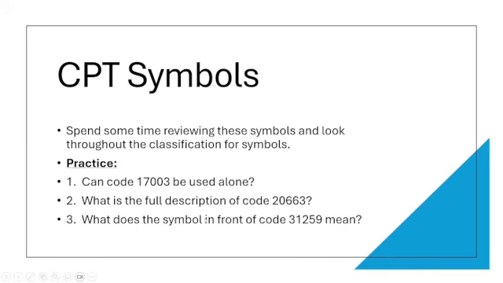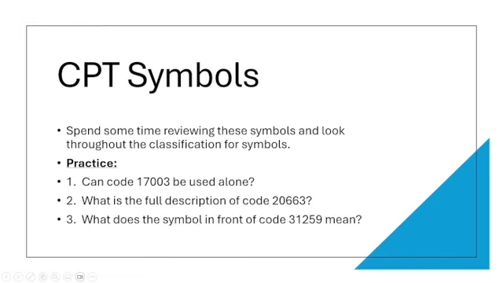And then what does the symbol in front of code 31259 mean? Take some time and do those real quickly. My next slide will have the answers to all 3 of these questions. I'm going to pause a little minute here, give you time to look at each one. Pause the video, look at these 3 codes, and based on what you know about symbols, answer these 3 questions.